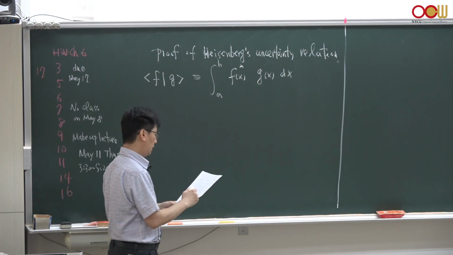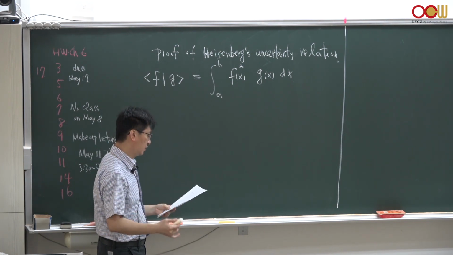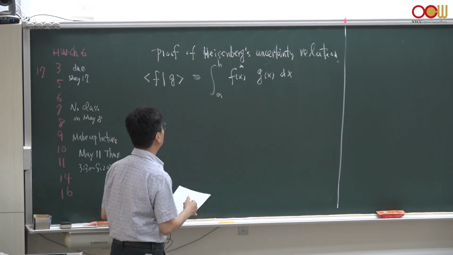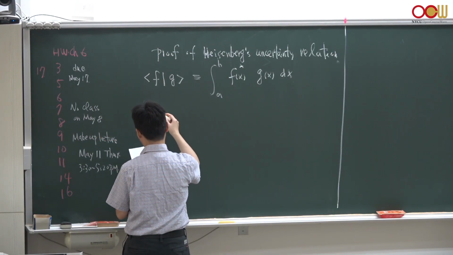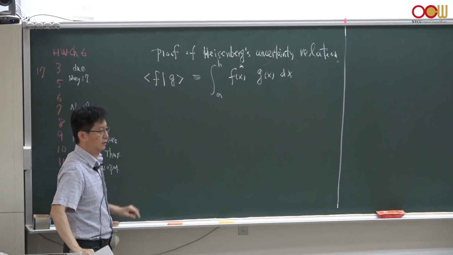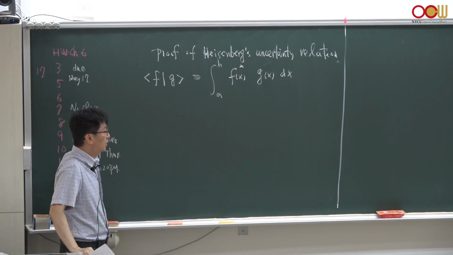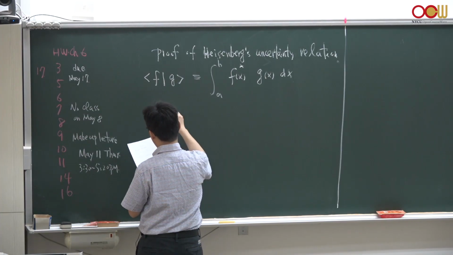And we will try to use that definition to actually prove this uncertainty relation, right? We could use an analogy between this Dirac bra-ket inner product between two quantum states and vector analysis.